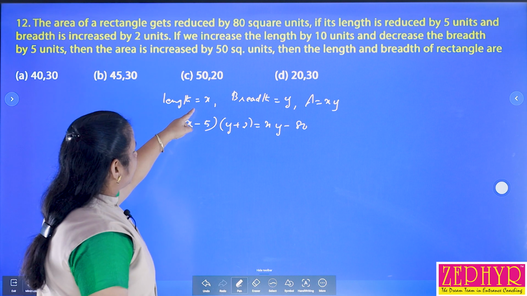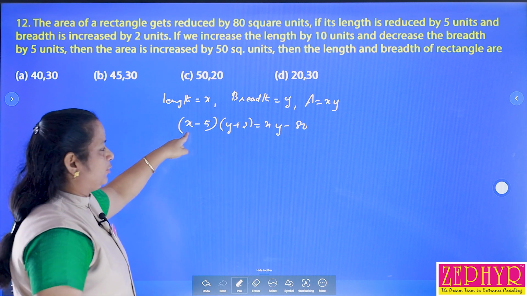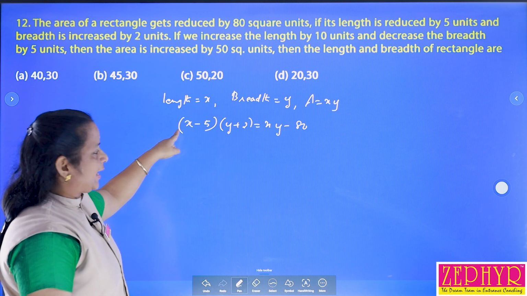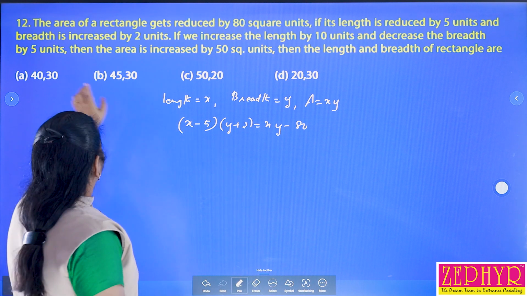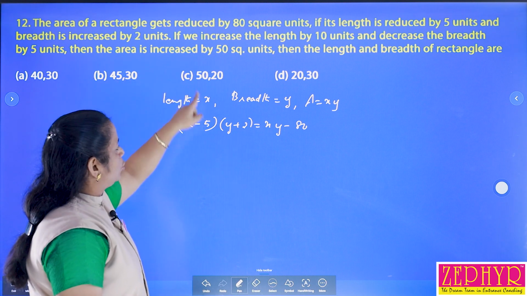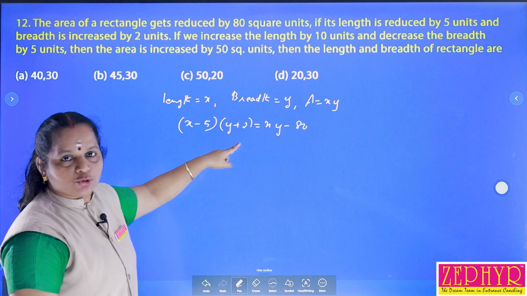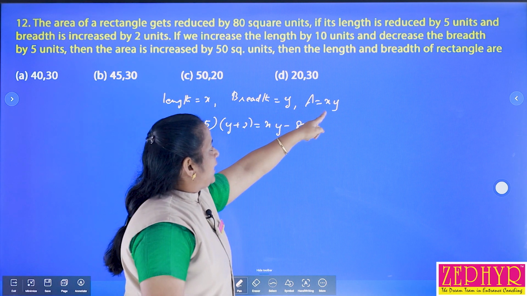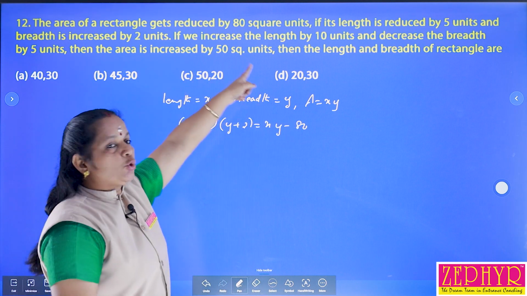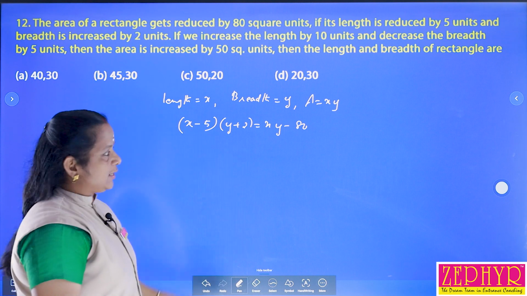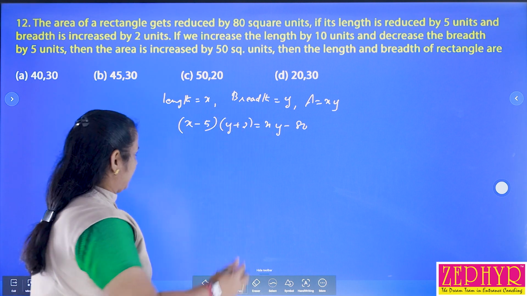If the length of the rectangle is reduced by 5, the length becomes x minus 5, and the breadth is increased by 2, then the breadth becomes y plus 2. Then the area xy is reduced by 80 square units.